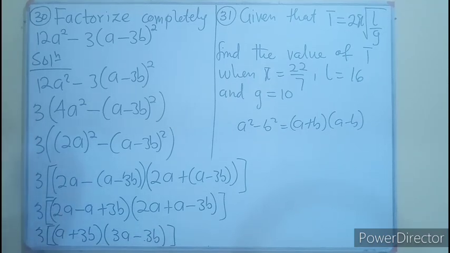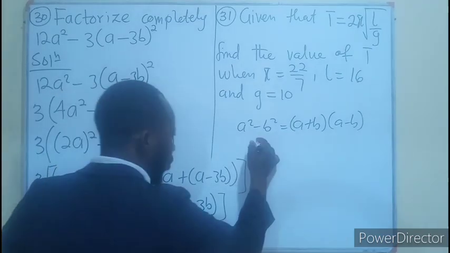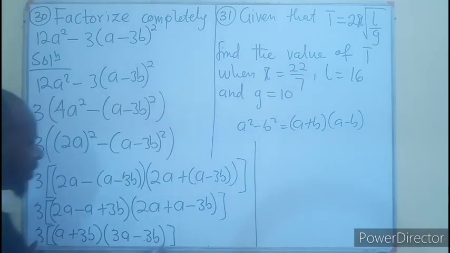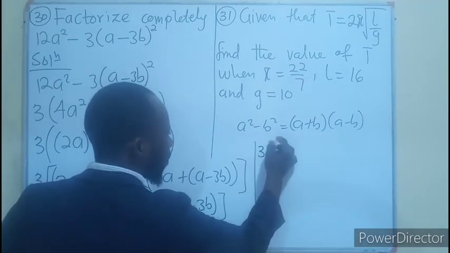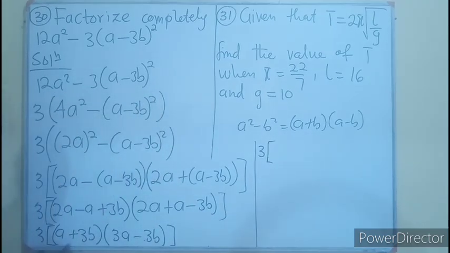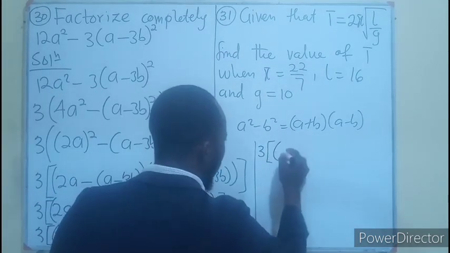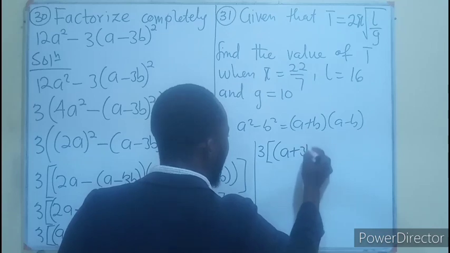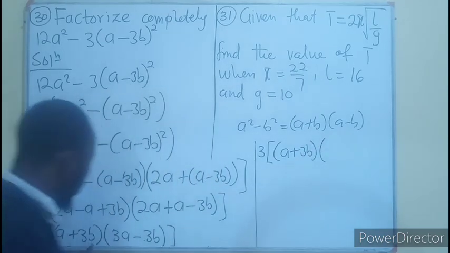So this could be one of the ways by which we can factorize. But I can see that 3 is common to the second bracket, so I can also factorize the 3 out. I have my 3 outside, maintaining a plus 3b into bracket.